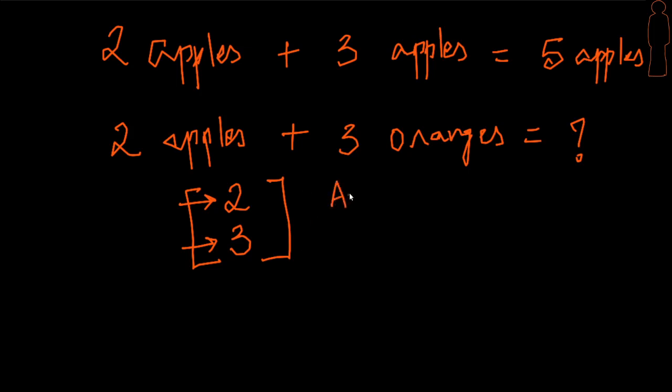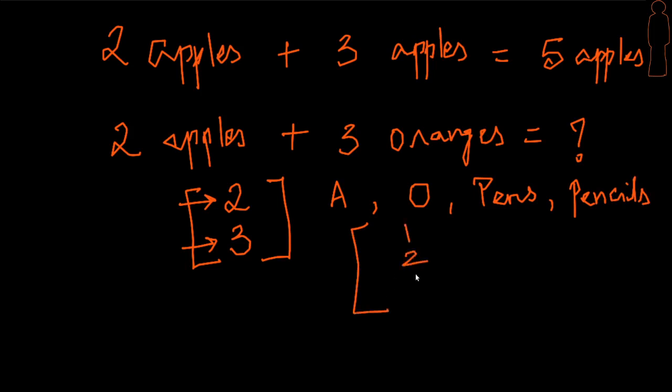If we say that we want to work with apples, oranges, and let's say pens and pencils, then we could represent this column vector as an example with 4 such numbers, where each of them represents a different category. So I could have 1 apple, 2 oranges, 3 pens and 4 pencils.